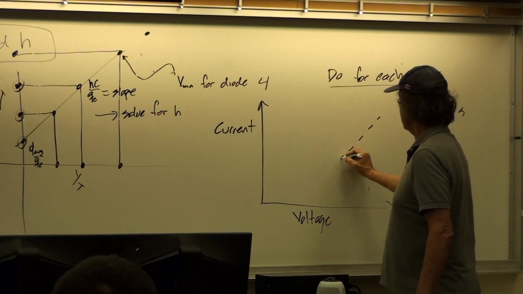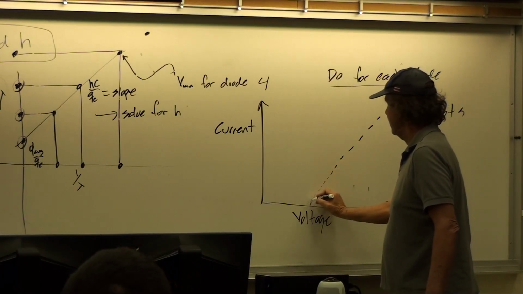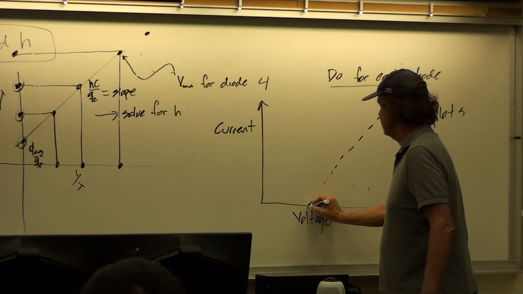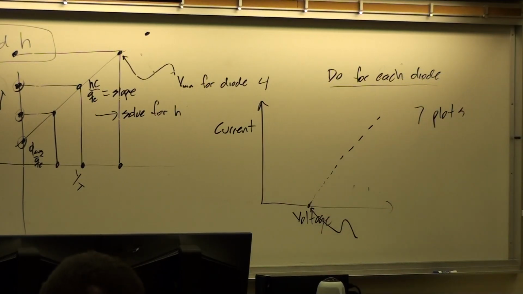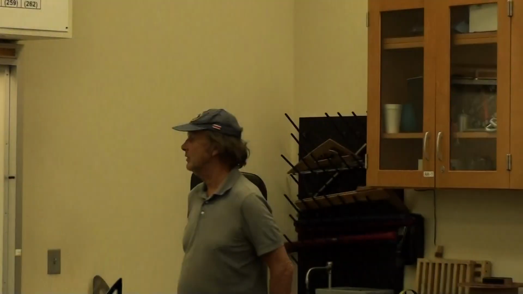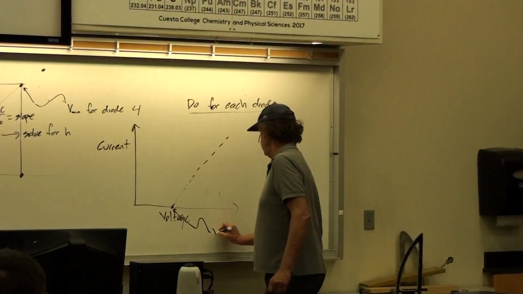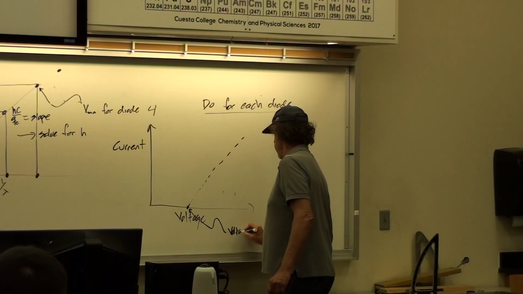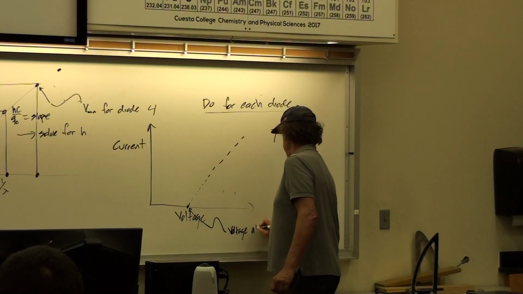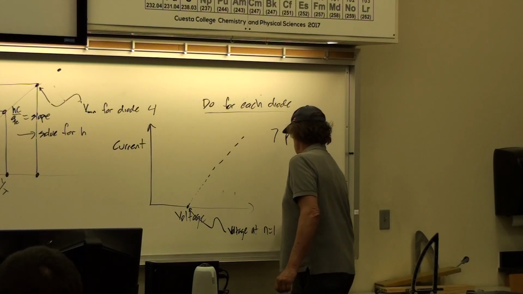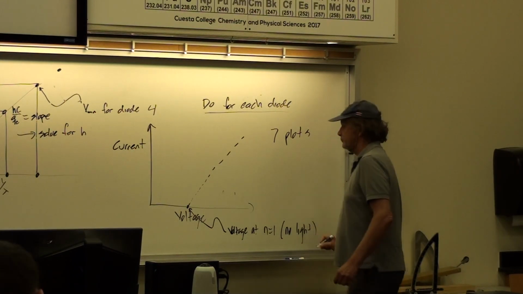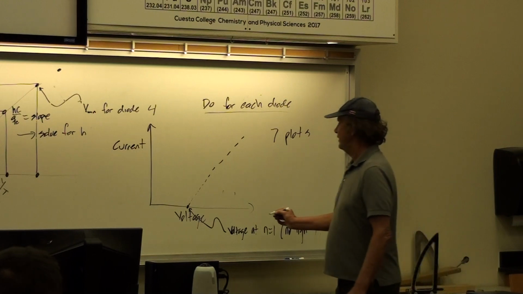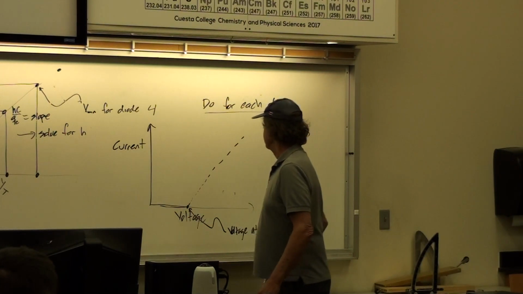The current is going to be higher when the voltage is higher, but then we get down to the extinction voltage where the current has gone to 0 and there's no light. And then it'll stay 0 all the way across.